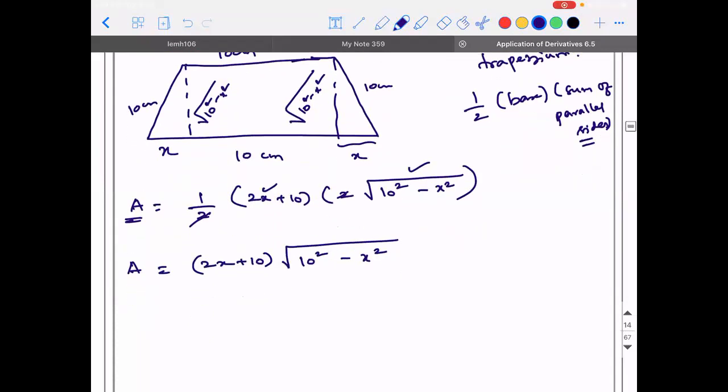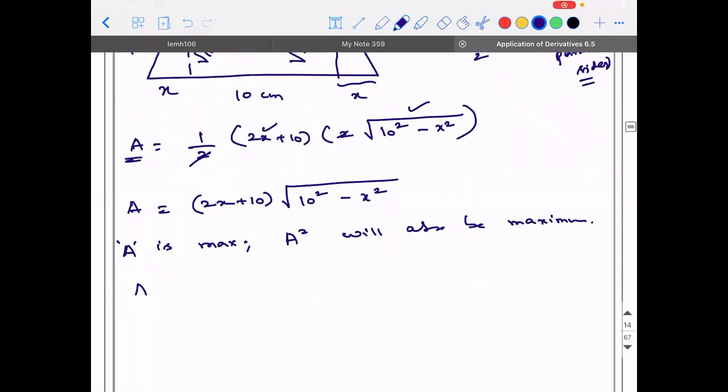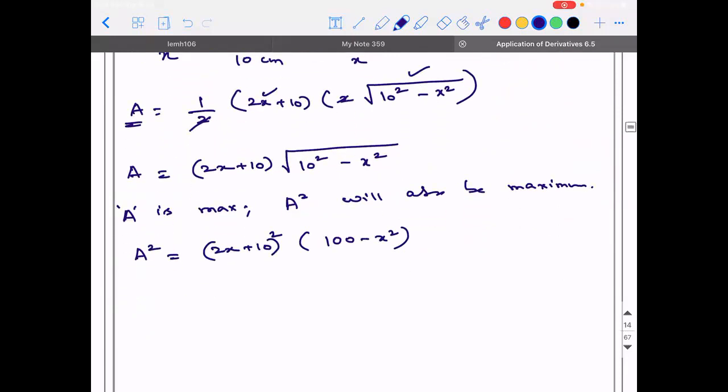Since you have a square root, what can you do? When area is maximum, area square will also be maximum. Right? What is area square? 2x plus 10 the whole square into 100 minus x square.